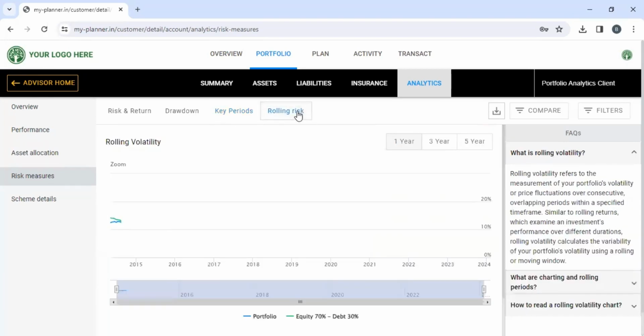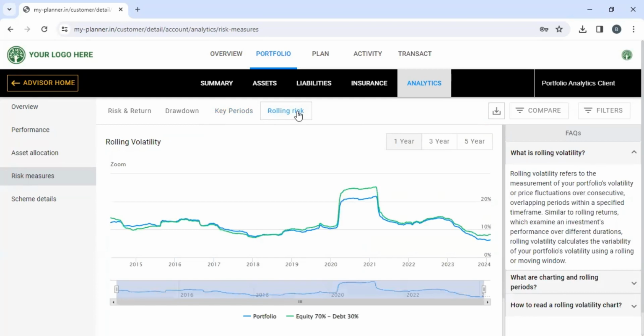Similarly, rolling risk is an account of how the risk has been managed historically in this particular portfolio. With rolling analysis, we are aiming for consistency, and rolling volatility gives us a picture of how the volatility of the portfolio has been kept under control.